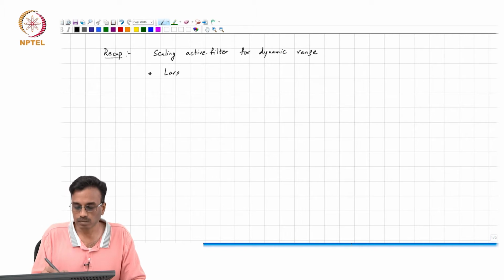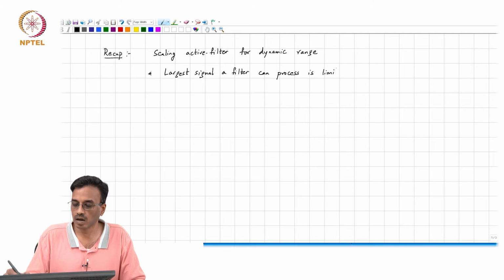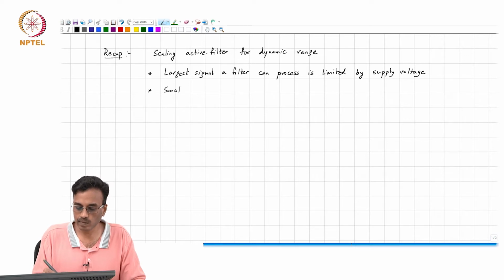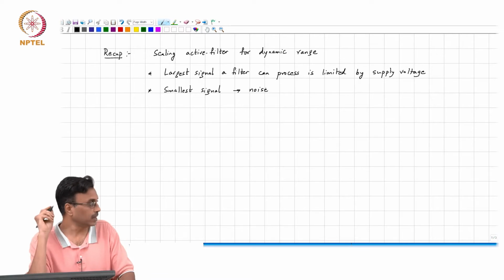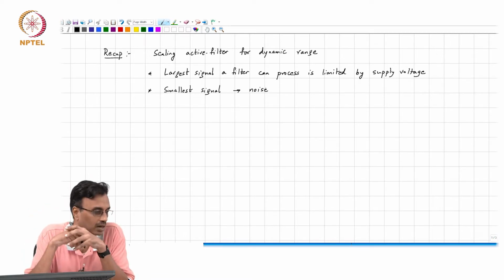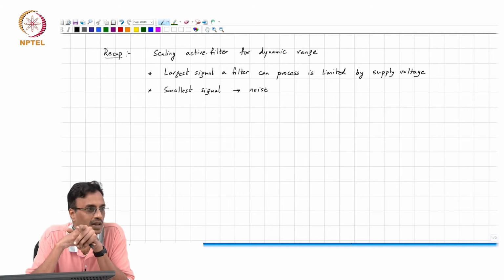The largest signal that a filter can process is limited by the supply voltage, and the smallest signal is limited by noise.